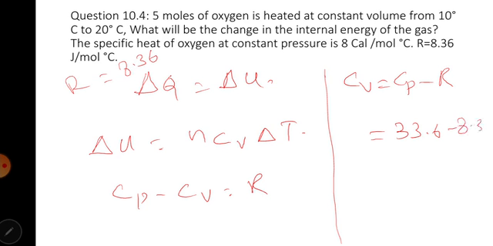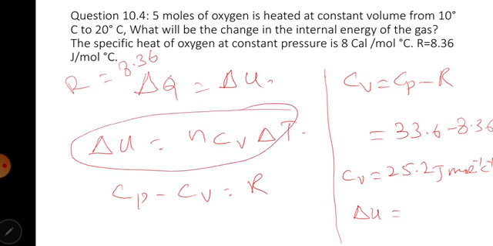So Cv is equal to 25.2 joule per mole per degree Celsius. This is the value of Cv, and del U is equal to nCv del T. Number of moles is 5, 25.2 multiplied by 10, you will get the answer.